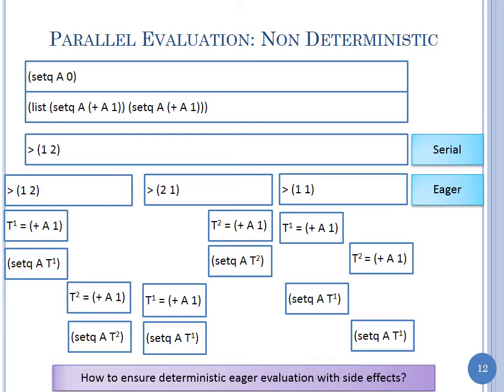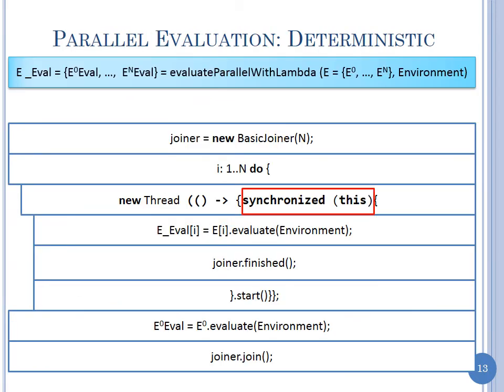So how to ensure deterministic evaluation with side effects? How could we ensure that? We could do this with monitor-based synchronization. I could just say synchronize this and evaluate this lambda block in a synchronized block. And do you like that? Why not?